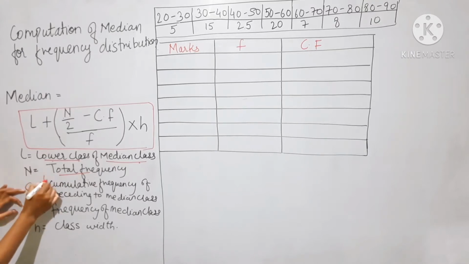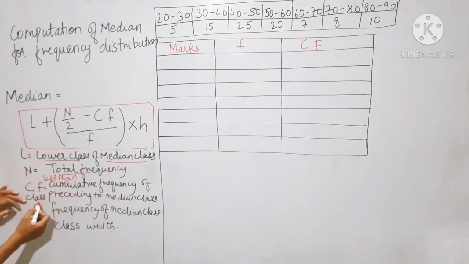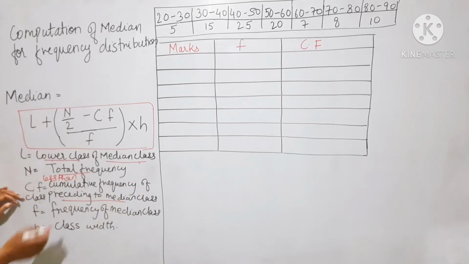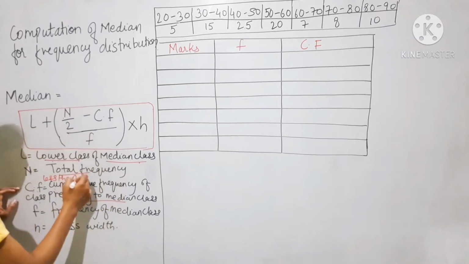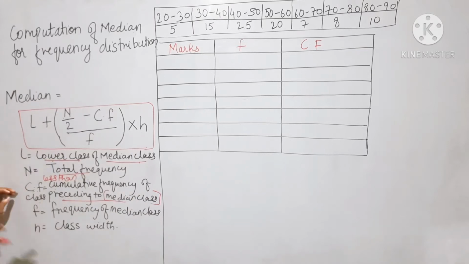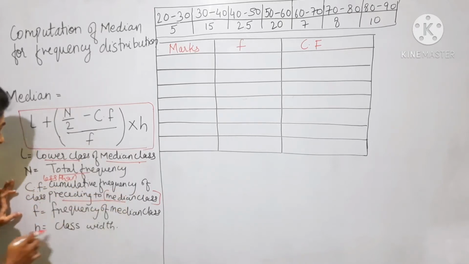CF means the less than cumulative frequency of the class just preceding the median class. So in this formula also the word median class is important, so you need to calculate the median class first. CF is what? Less than cumulative frequency of the class just preceding the median class.